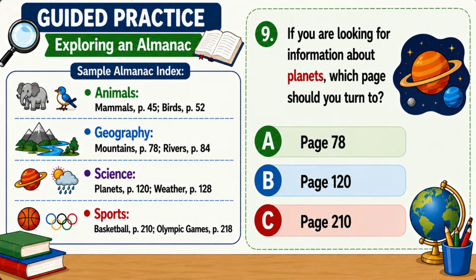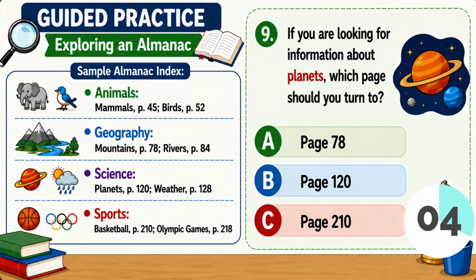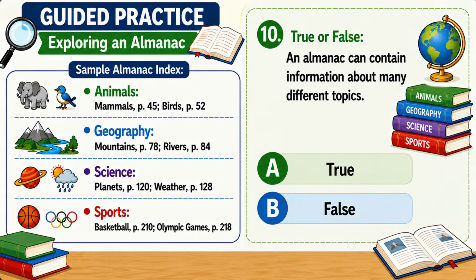Number 9. If you are looking for information about planets, which page should you turn to? A. Page 78. B. Page 120. C. Page 210. Number 10. True or false? An almanac can contain information about many different topics. A. True. B. False.